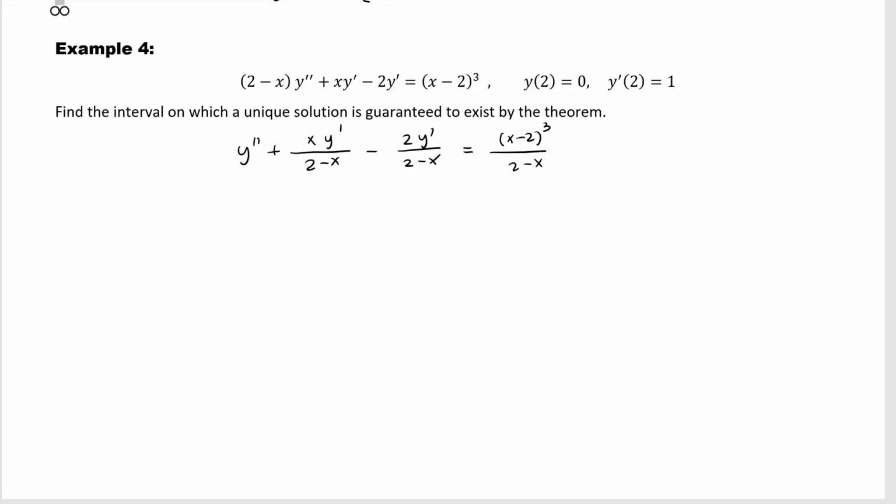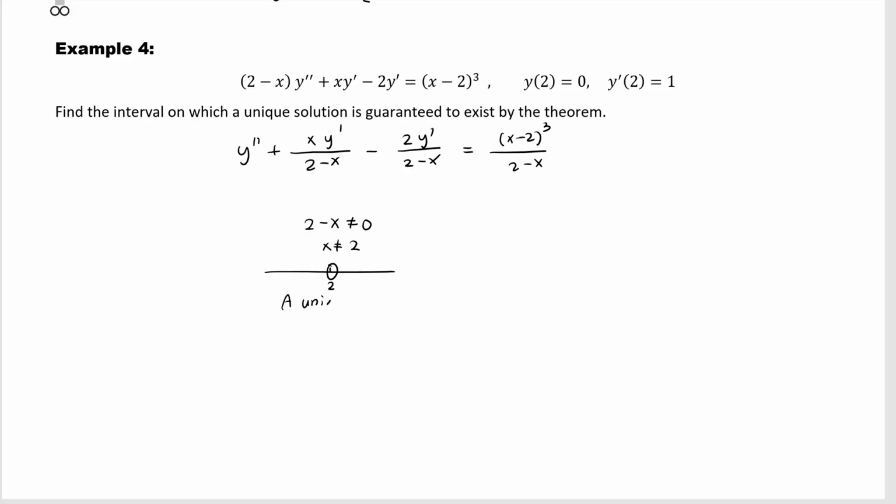Okay, so what is that? Let's see. We get the denominator 2 minus x, so 2 minus x cannot be 0. So x cannot be 2, but my initial value is at 2.